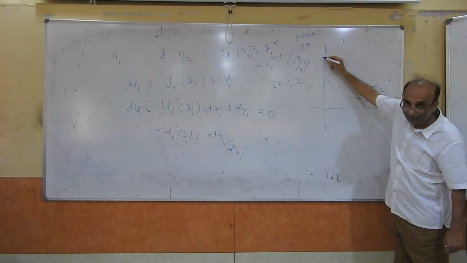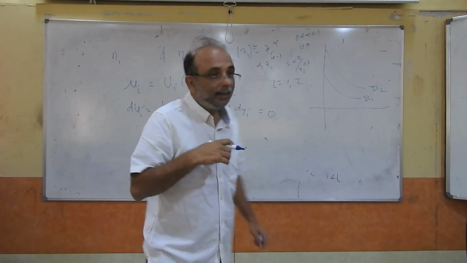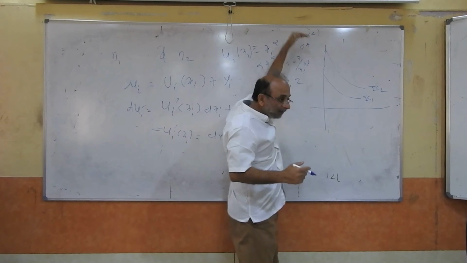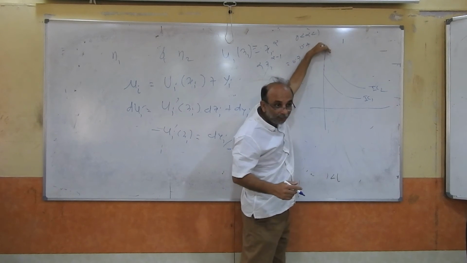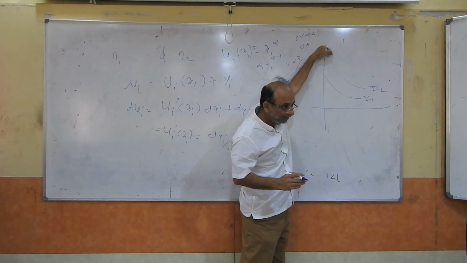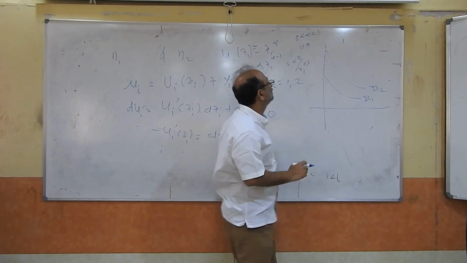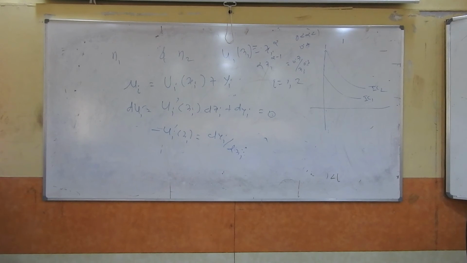If x is equal to 0, obviously a higher level of y will mean the indifference curve starts at a higher point on the y-axis. So indifference curves for the same individual will actually be parallel displacements of each other.